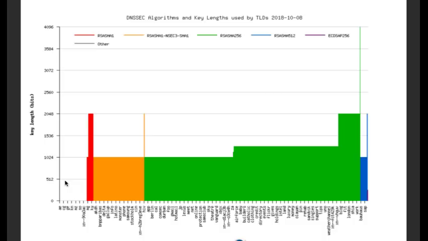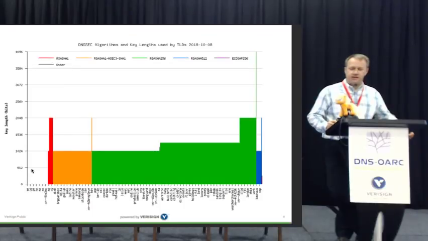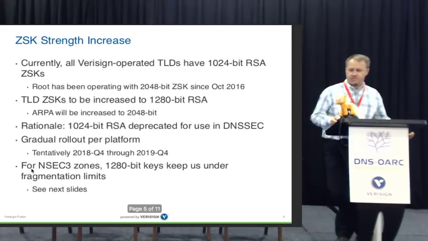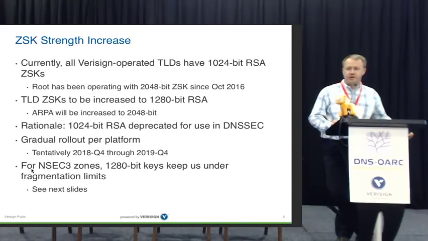So currently, the VeriSign TLDs fall in the green blob there at 1024, and in the future we're going to bump those up to 1280, which is the other sort of shelf that you see there off to the right in the green. As I said, currently all the TLDs that we operate use 1024-bit RSA keys.